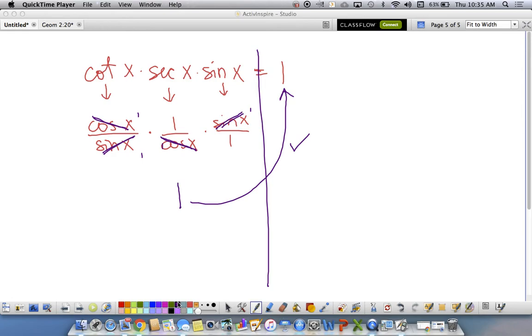Alright, what about this one? Cosecant x minus cosecant x cosine squared x equals sine x. Which side is more complicated? Definitely the left.